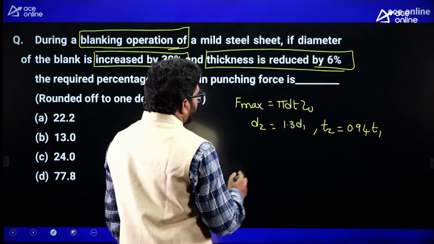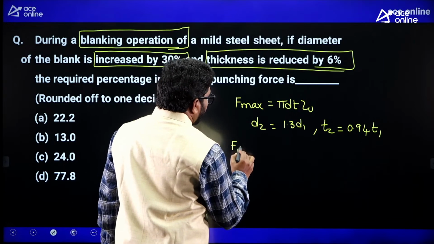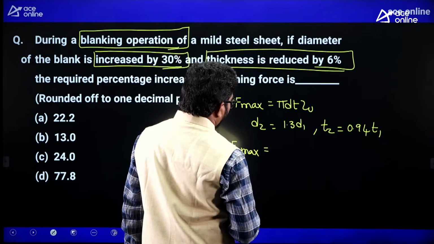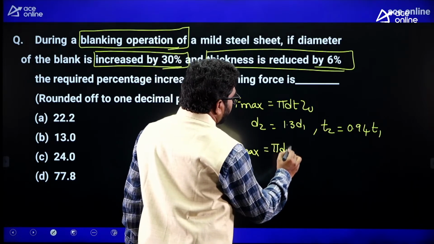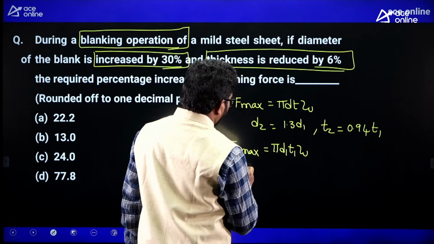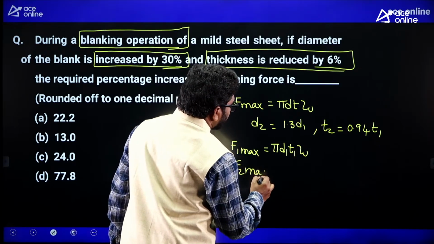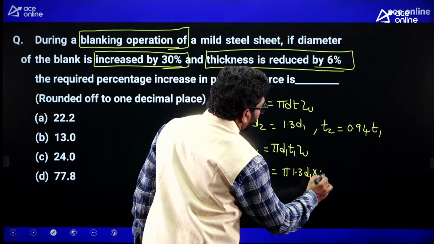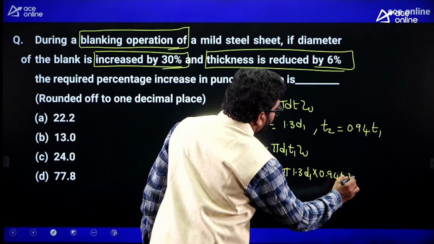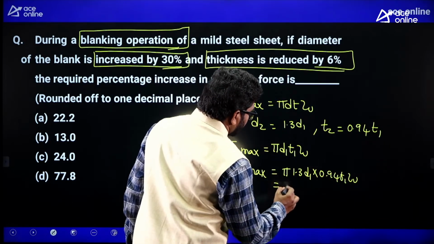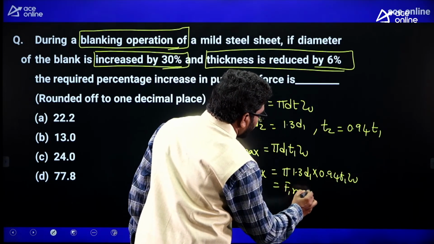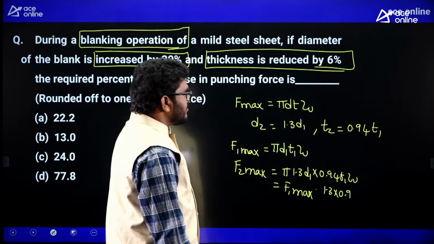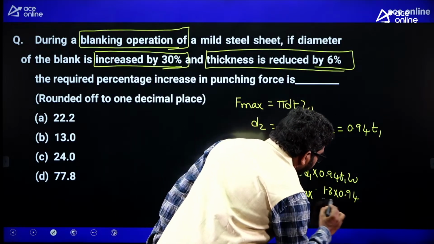Now see here, F1 max is equal to pi d1 t1 tau u, and F2 max is equal to pi into 1.3 d1 into 0.94 t1 into tau u. Now that is F1 max into 1.3 into 0.94. So you should multiply this one.